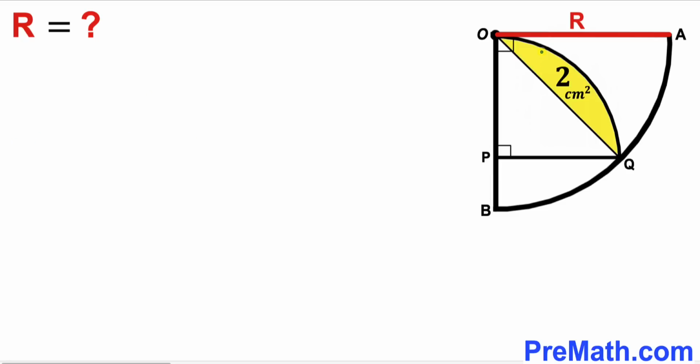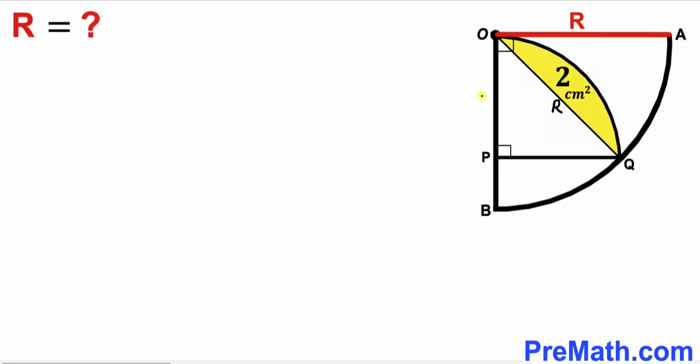Let's make an observation. We can see that OQ is the radius of the bigger quarter circle, and we know the radius of the bigger quarter circle has been given to us as uppercase R. So this OQ length is going to be the radius uppercase R. And furthermore, we can see OP and PQ are the radii of the smaller quarter circle.